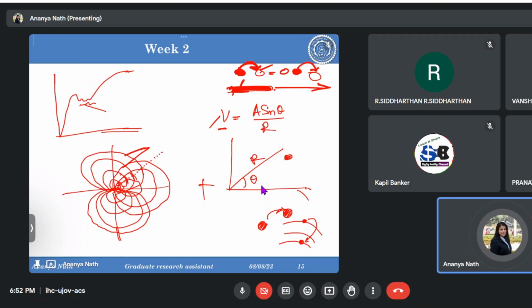And why they are moving like this is because these are the higher energy sites and these are the lower energy sites. So they will always try to move from higher energy sites to lower energy sites, and then they were moving backwards. And this is how the dislocation movement takes place.